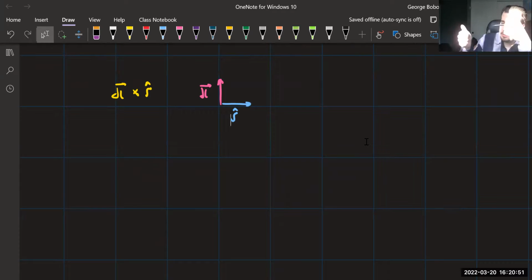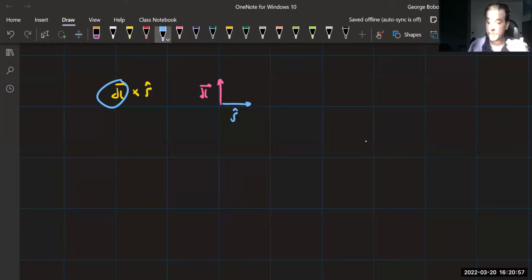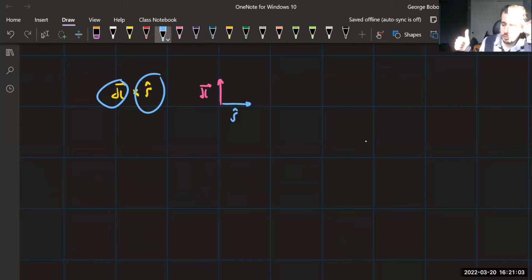Good. So in this case, the order that we've written this is important. The first guy that you see here is your thumb, so your thumb is going to be pointing out. And then the second guy is going to be your index finger. You're going to see this reversed in the camera, so don't follow me, follow the diagram. You're going to be pointing to the right for the r hat, and then your middle finger is going to tell you where the actual cross product points.